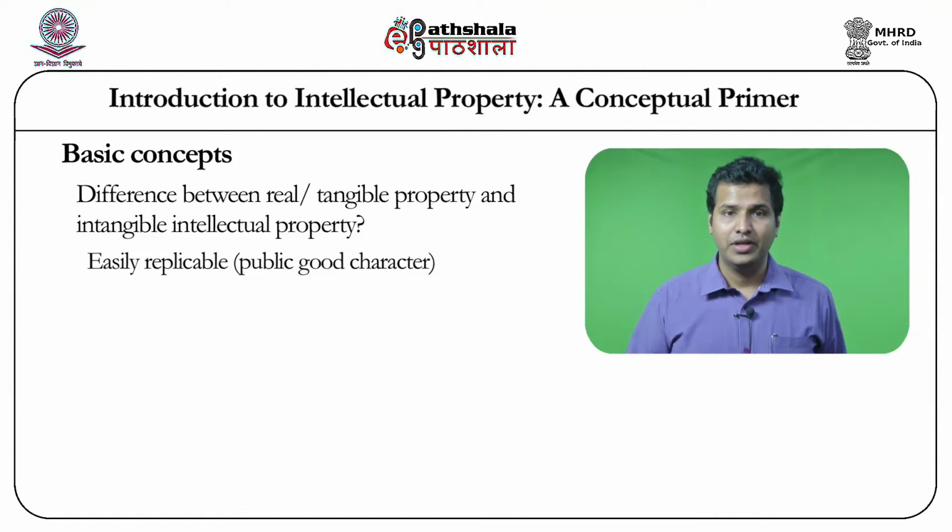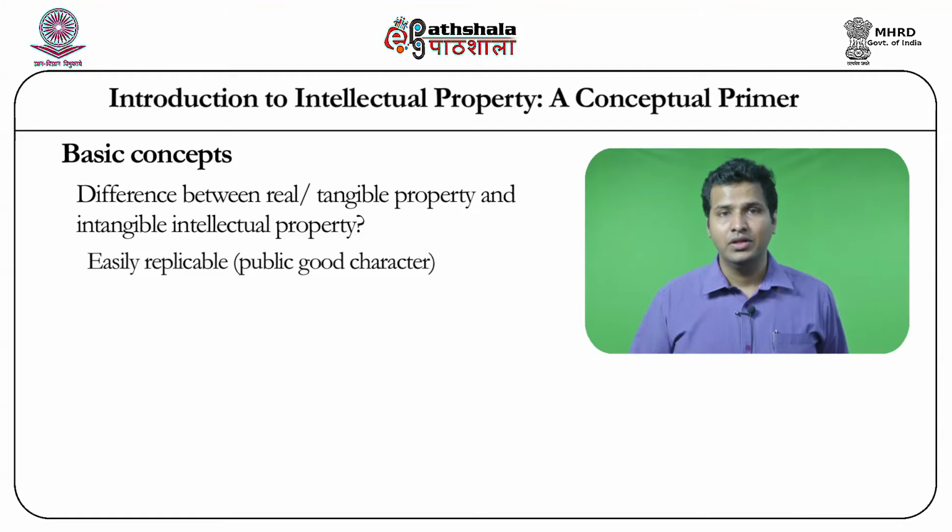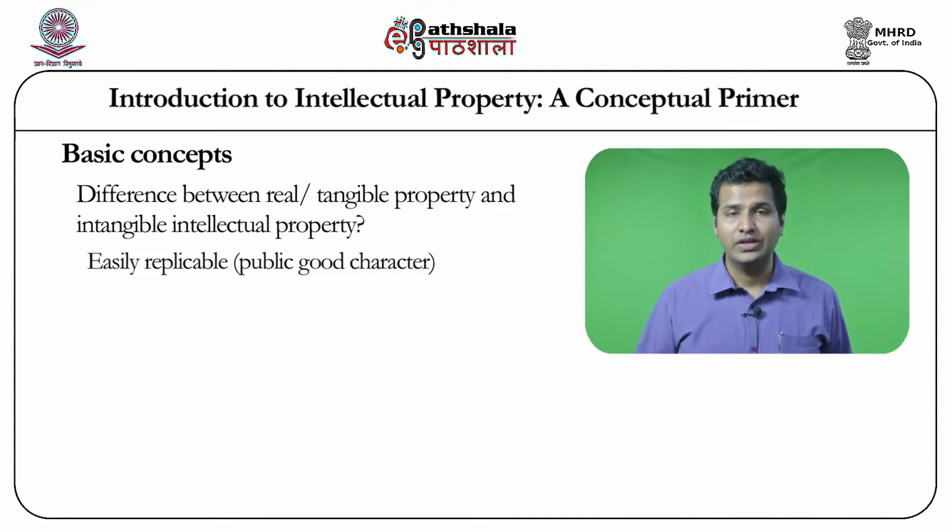It is easily replicable, and this is classically because of what is called as the public good character. We will discuss more of these public good characteristics in our class on economics to intellectual property, but suffice it to mention here that public good has two important characteristics of non-rivalry and non-excludability.